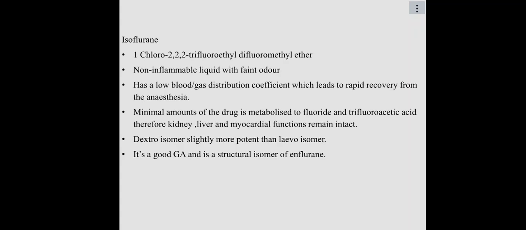prevented. Then isoflurane, again, if you look at its structure, you'll be able to derive that name. It's a non-flammable liquid with a faint odor, and has a low blood gas distribution coefficient, which leads to rapid recovery from the anesthesia.